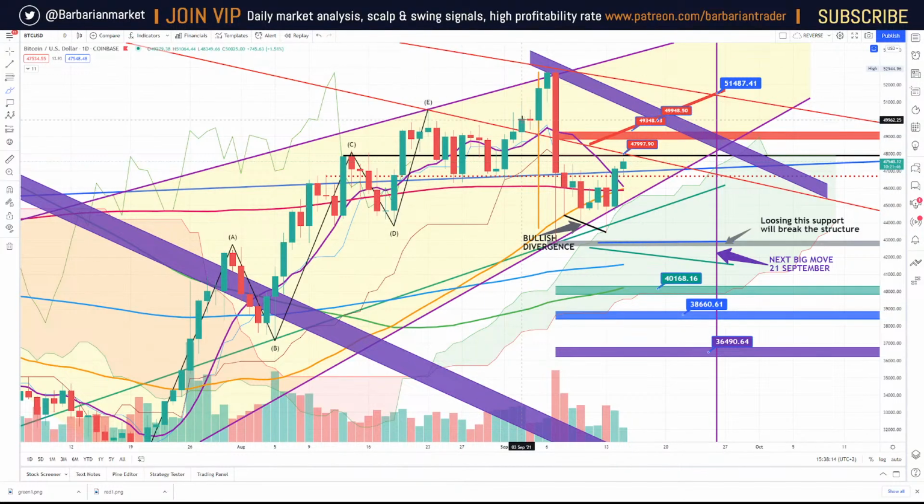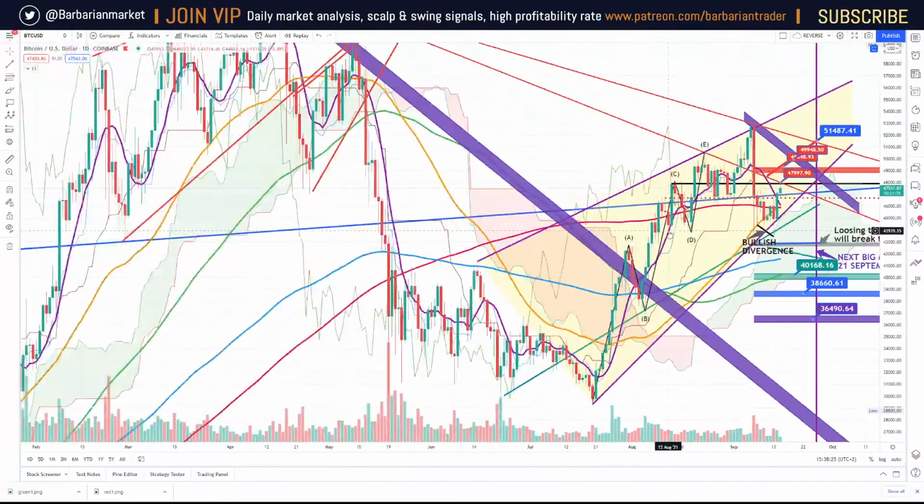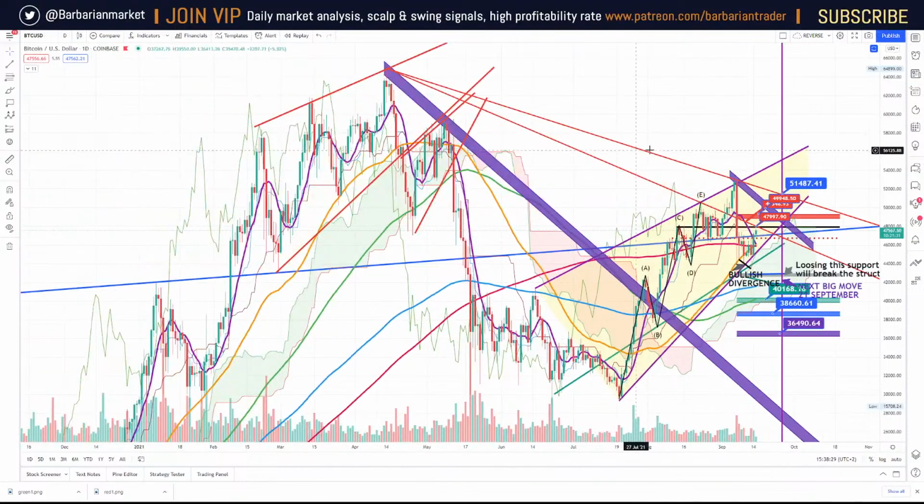It's very possible, because as I said in my previous video, I don't think that we are in a bull market anymore, or at least, and don't hate me for that, at least until we go above the previous highs. Otherwise, it's just sideways movement and bull traps.